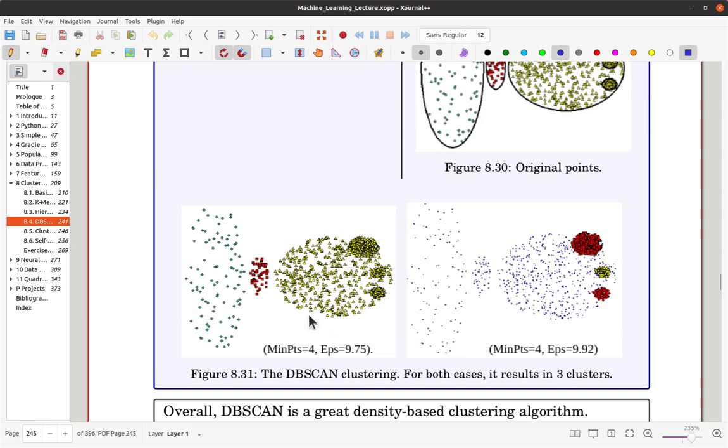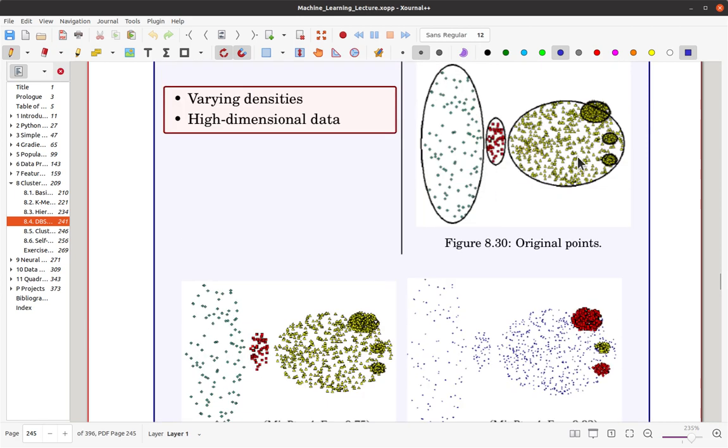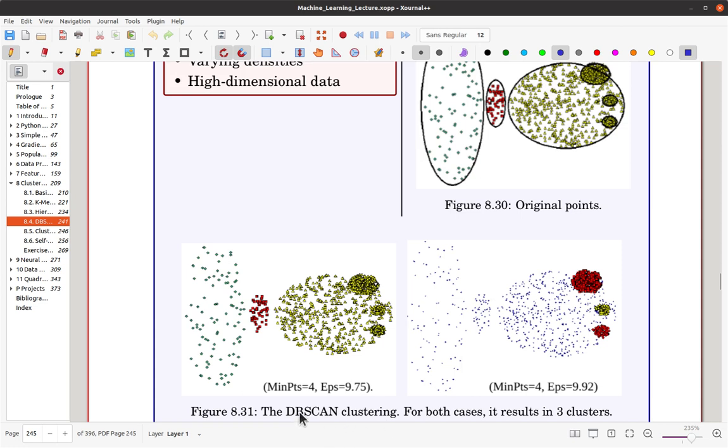Here for that data set, along with the choice of M equal to 4, epsilon is 9.75. But for this one, M is 4 and epsilon is 9.92. So epsilon is slightly different and M is the same. But for the left-hand side, it is working nicely. You can see here the original data.